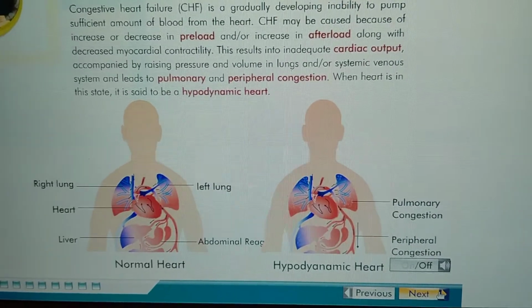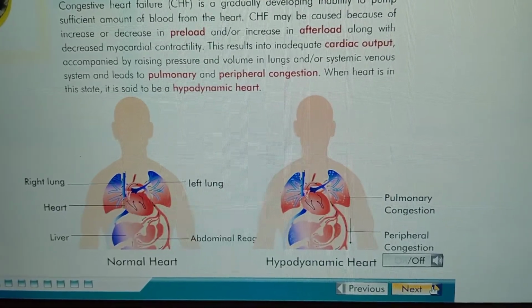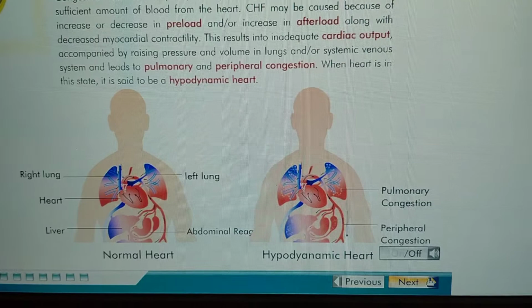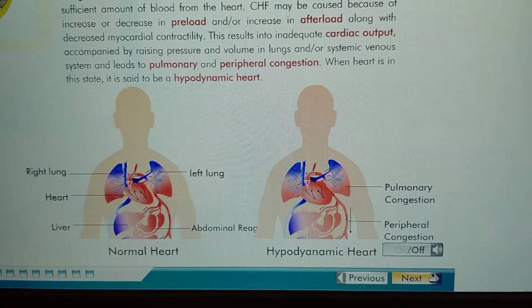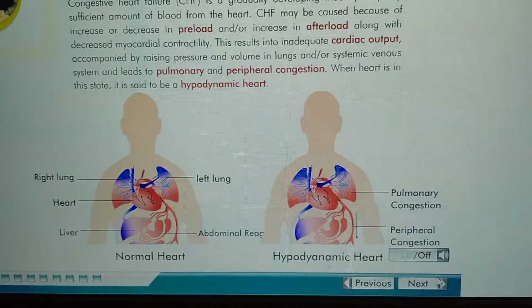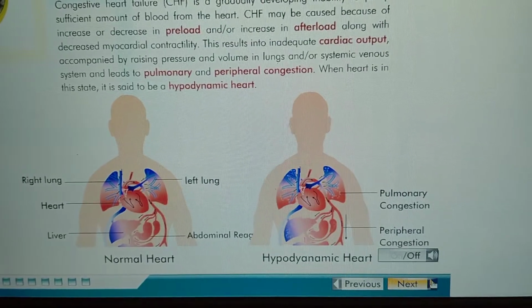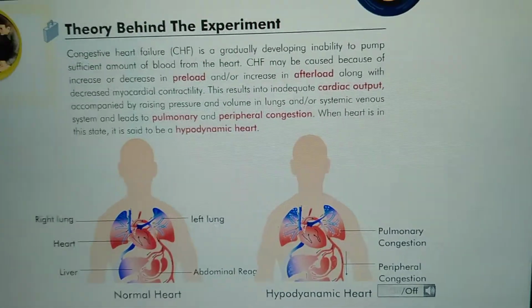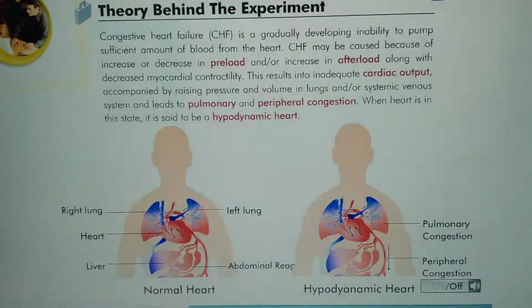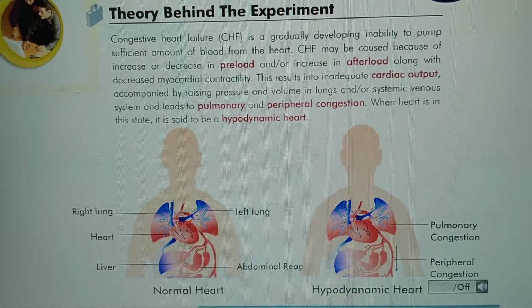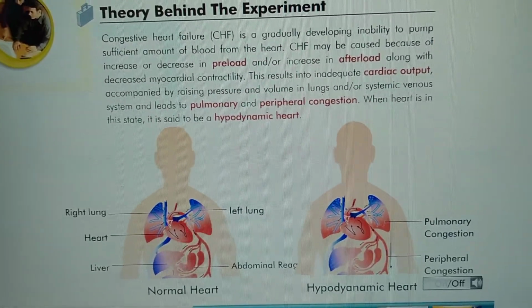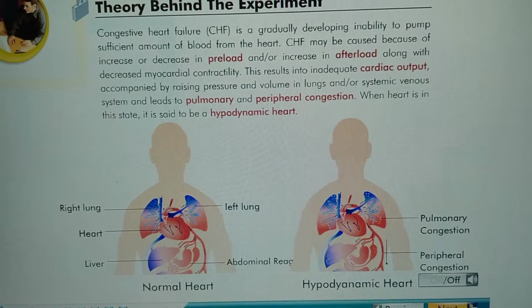This results in inadequate cardiac output accompanied by rising pressure and volume in lung and or systemic venous system, and leads to pulmonary and peripheral congestion. When heart is in this state, it is said to be a hypodynamic heart.